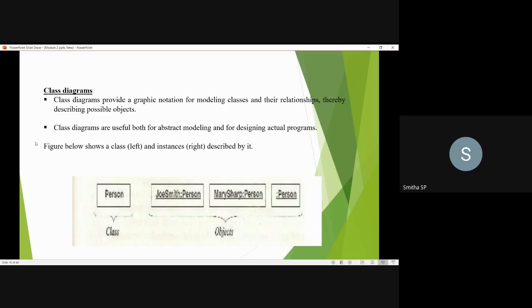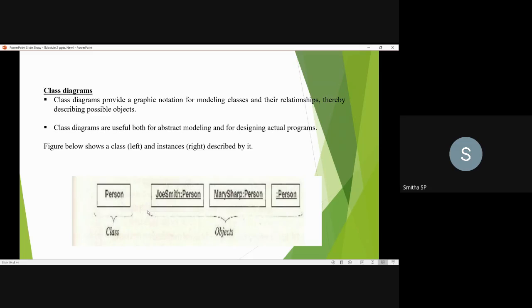The figure shows how to represent a class and how to represent an object in the class diagram. Here you can see person is a class, whereas Joe Smith: Person and Mary Sharp: Person are the objects.